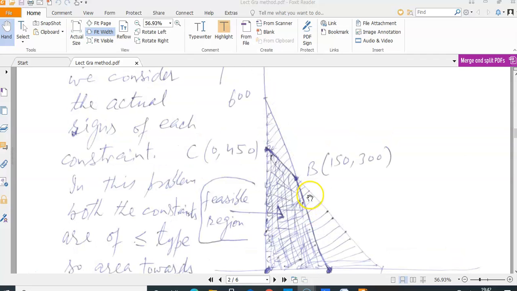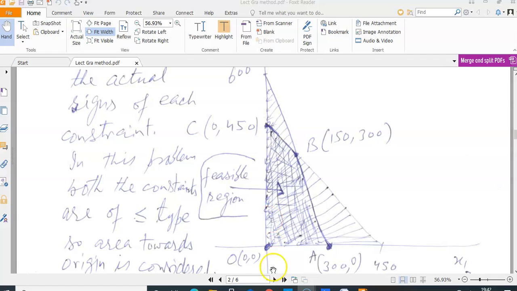After that, we find out the coordinates of all these corner points. So here the origin is 0 0, then 300 0, and 0 450, very clear. Now we have to find out the coordinates of this point, which is the intersection of this line as well as this line.